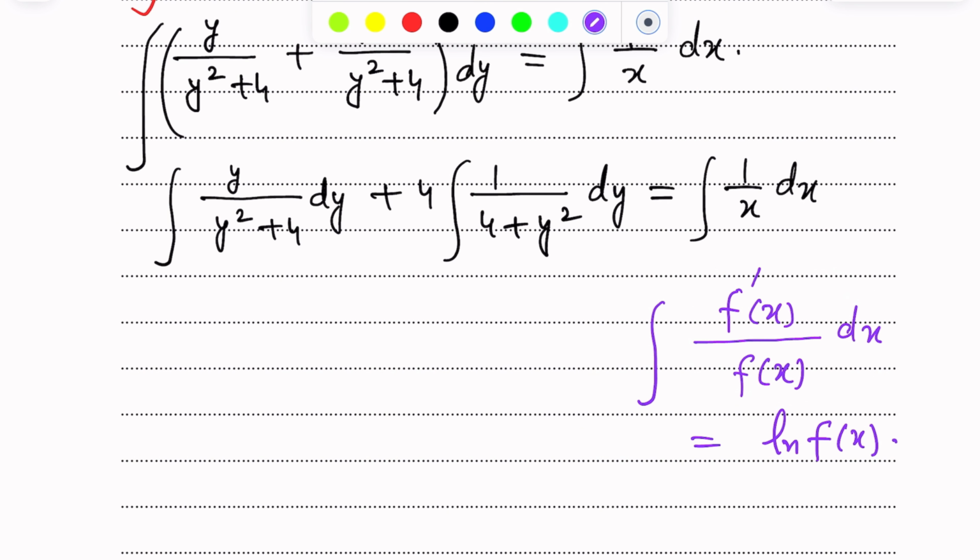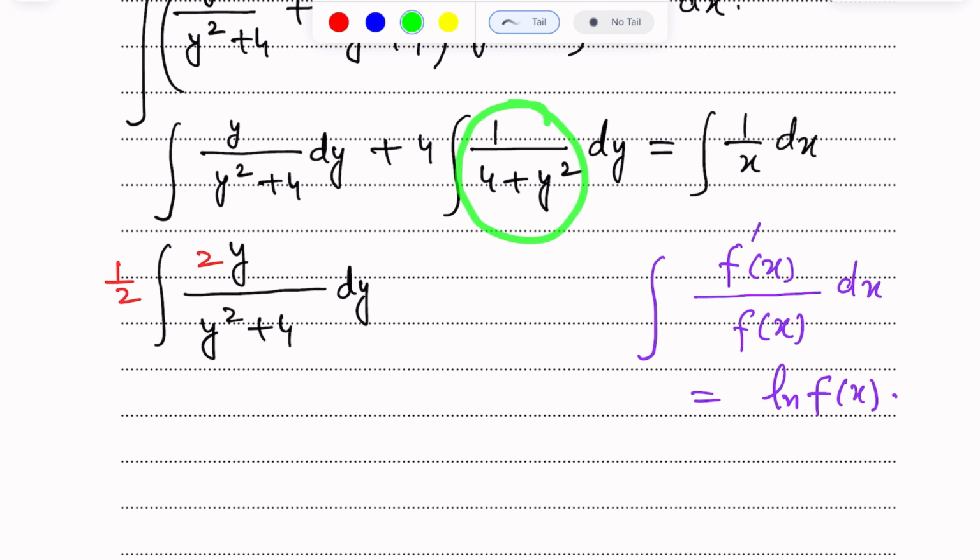So we can write it as 1 over 2, multiplying and dividing by 2, 2y over y square plus 4. Now it will be easily integrated with respect to y.